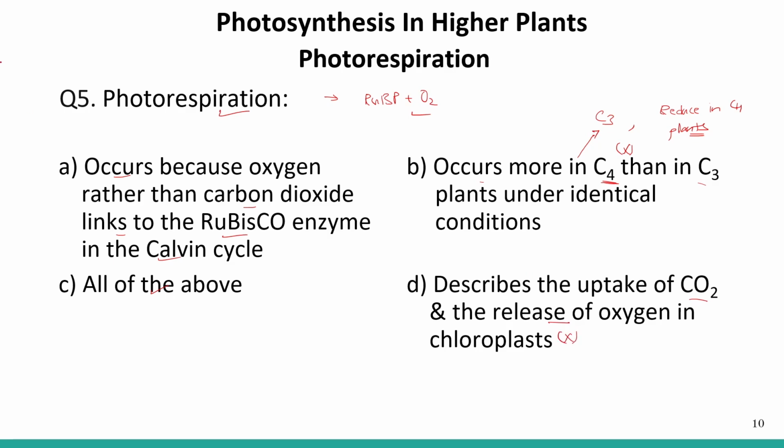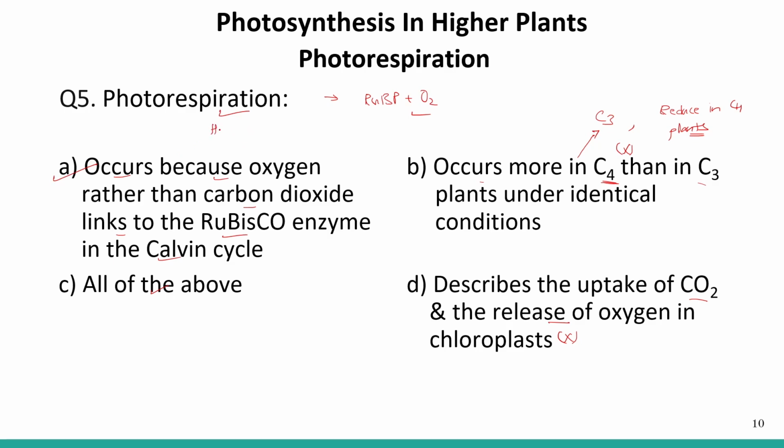So we are left with option A. Option A is occurs when oxygen rather than carbon dioxide links to rubisco. So this is correct. This is true about photorespiration.